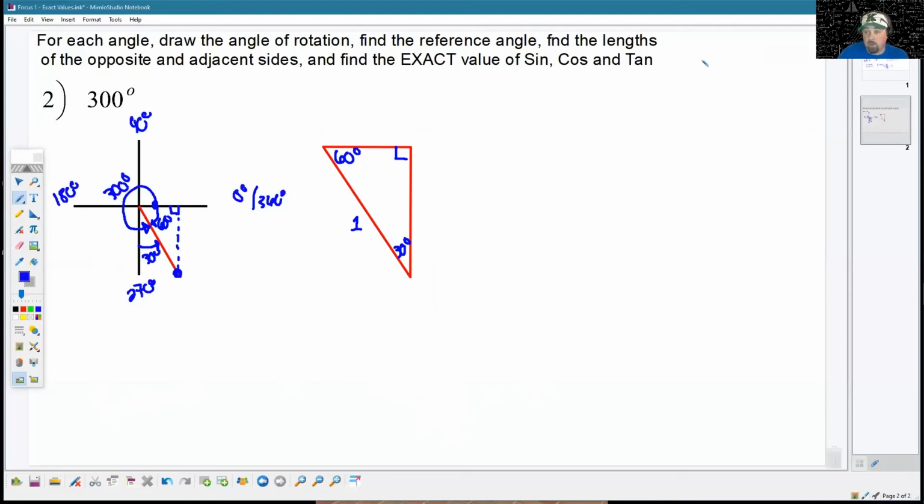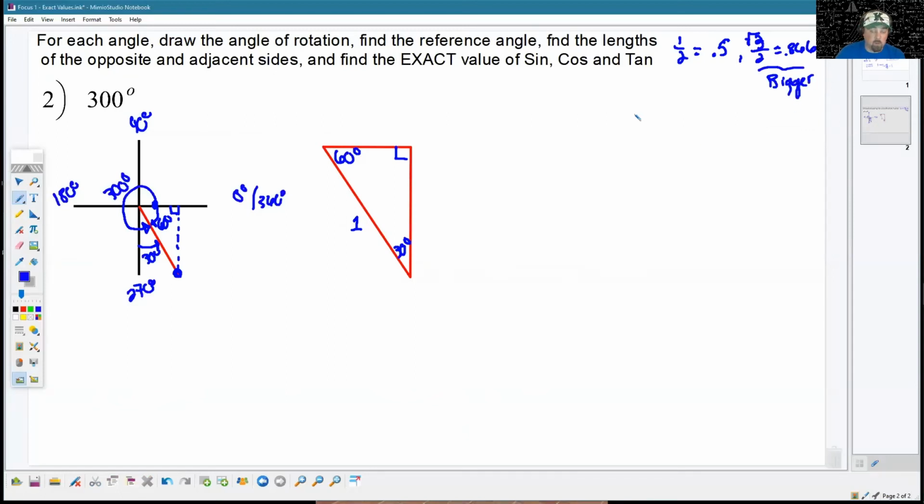Now this is the way I remember this. 1/2 as a decimal is exactly equal to 0.5. Root 3 over 2 is about equal to 0.866. Which one of those numbers is bigger? That one is. This one is bigger or longer.